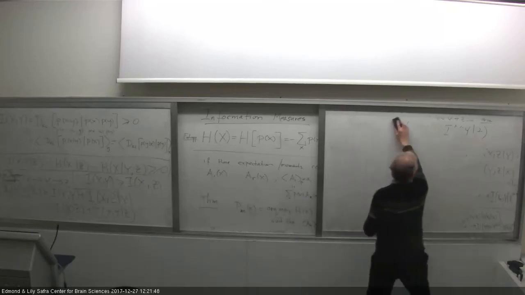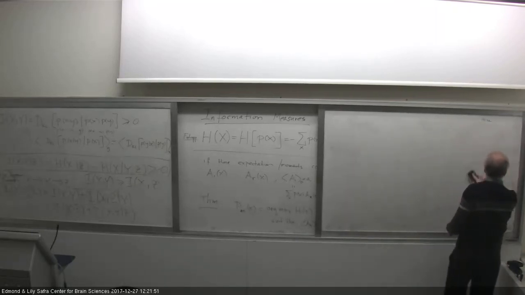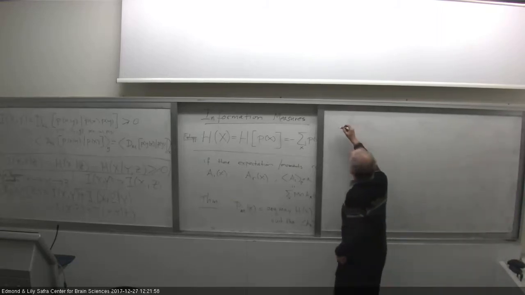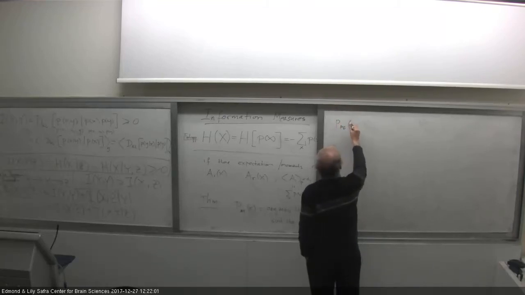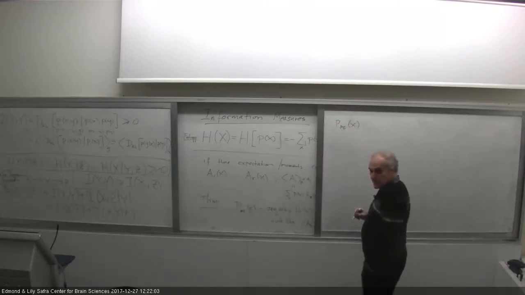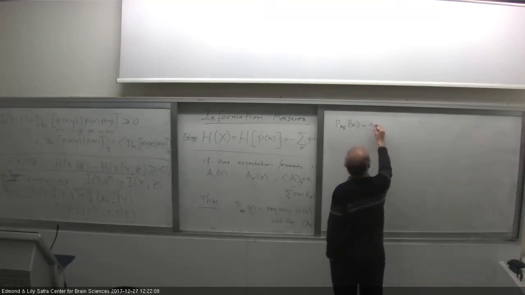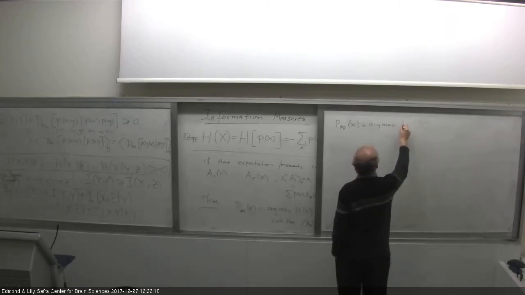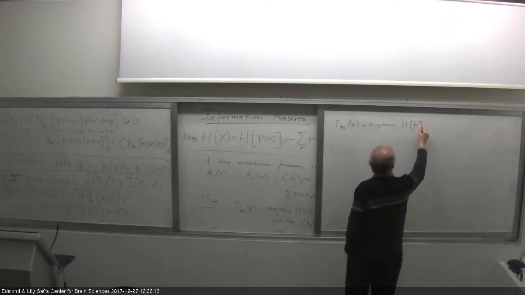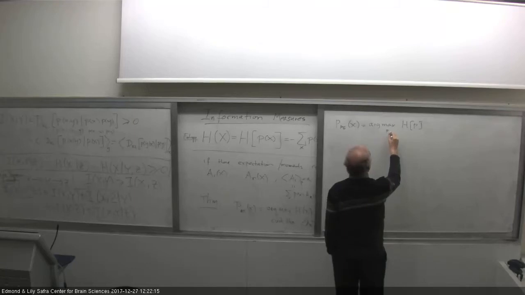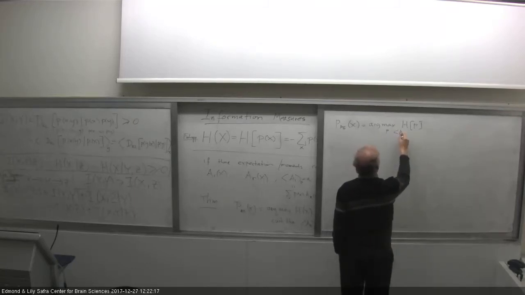I'll say it again. We are actually doing a maximization of a functional. So again, I write it: the P maximum entropy is that distribution that maximizes H of P of x over all P's such that A_k of P is equal to a_k.